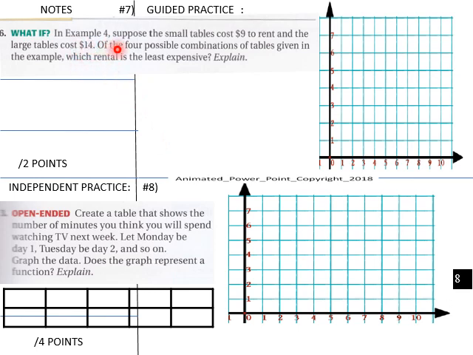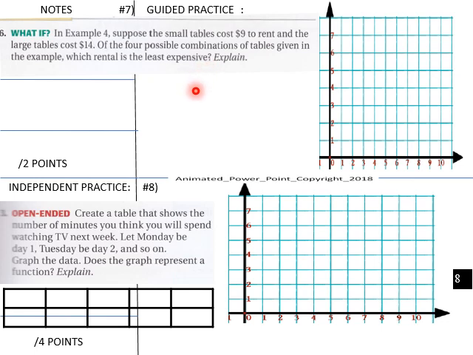In example 4, suppose the small tables cost $9 to rent and the large tables cost $14. Of the 4 possible combinations of tables given in the example, which rental is the least expensive? Explain.